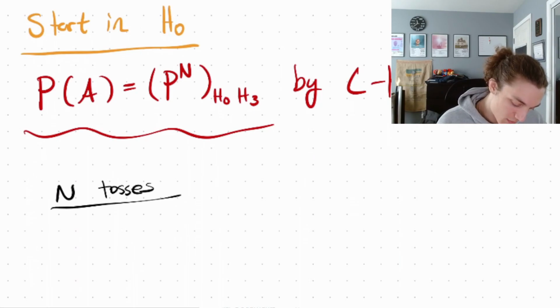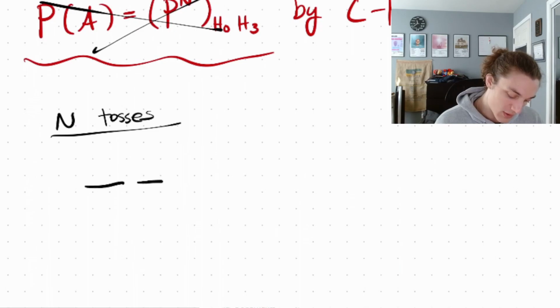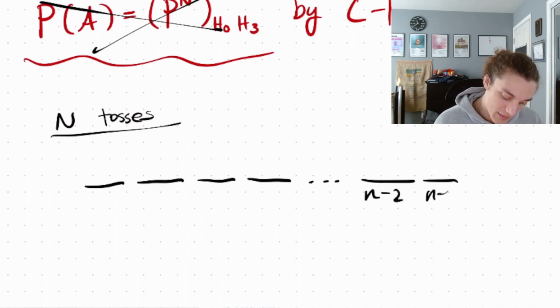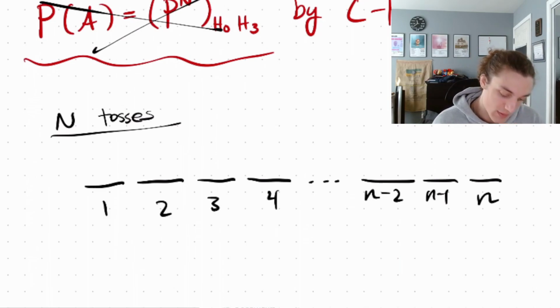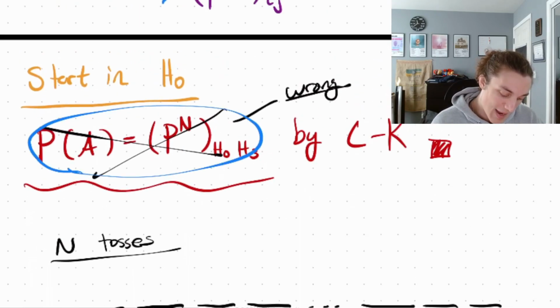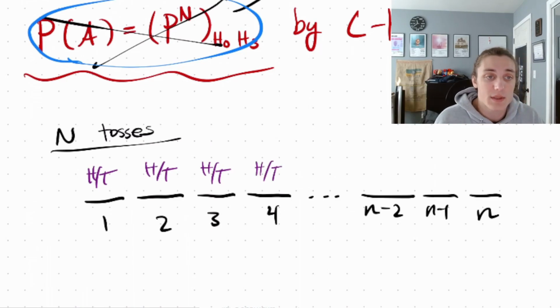If we have n tosses, we have 1, 2, 3, 4, all the way out to n minus 2, n minus 1, n. Using this as our answer, what we're asking is, if we start in H0, we may get heads or tails, heads or tails, and that's going to determine our state.